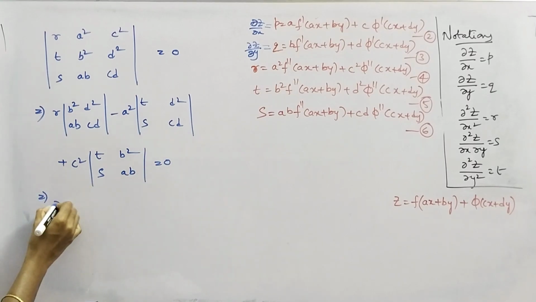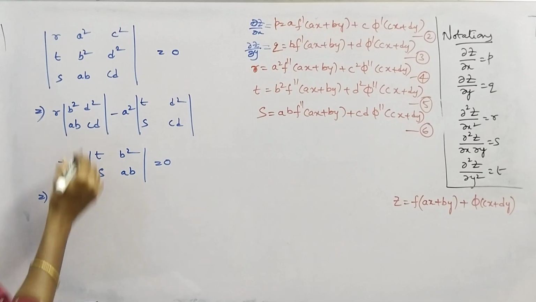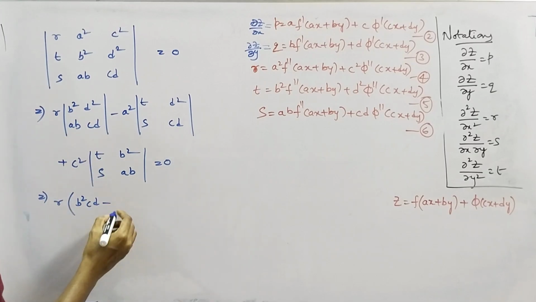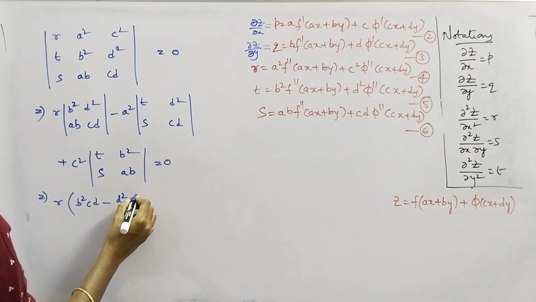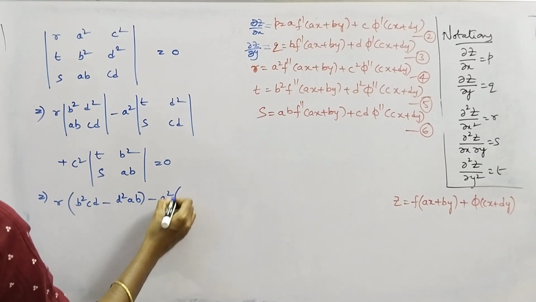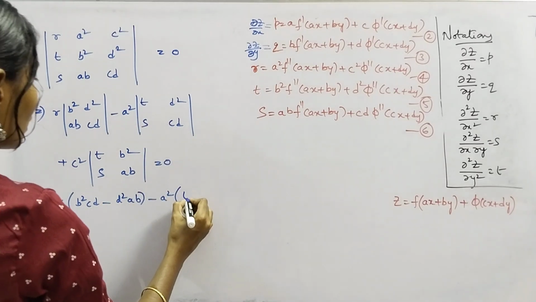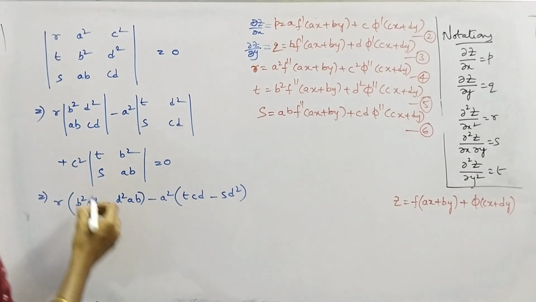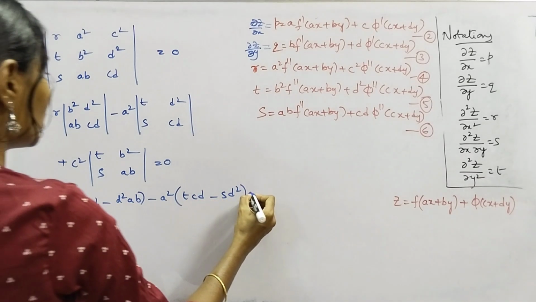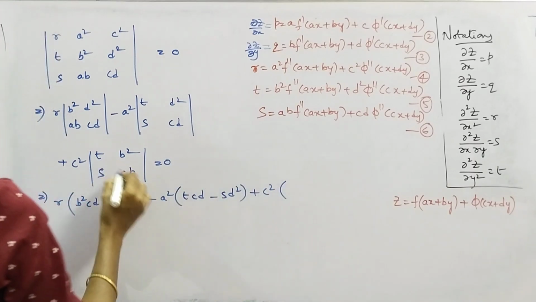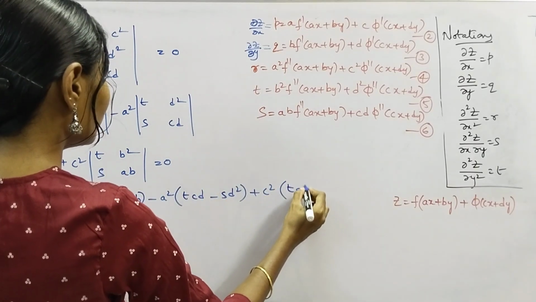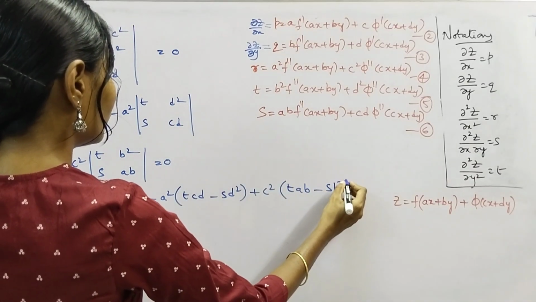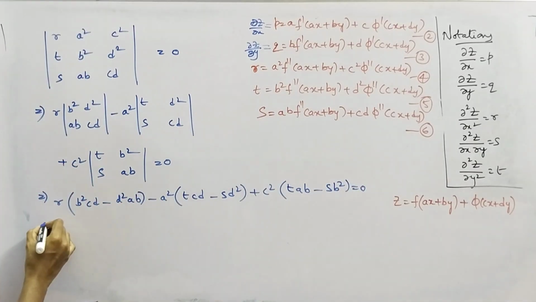Just simplify it. You'll get r times (b²cd − d²ab) minus a² times (tcd − sd²) plus c² times (tab − sb²) equal to 0.